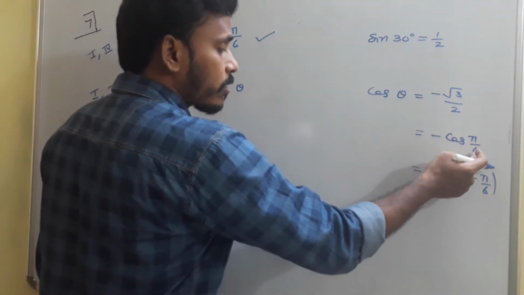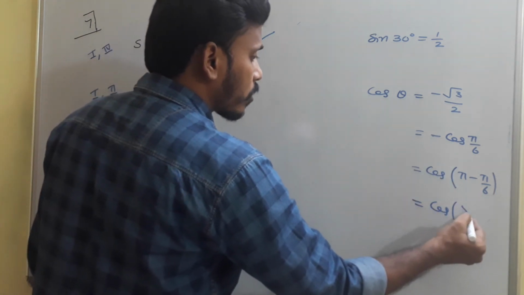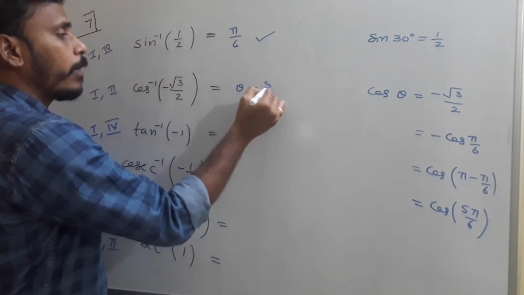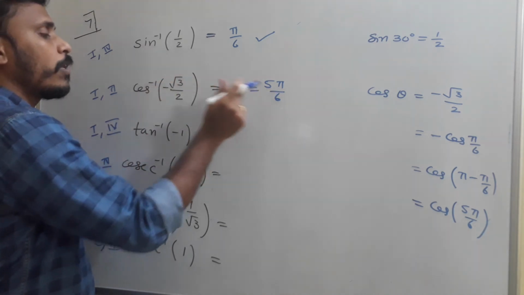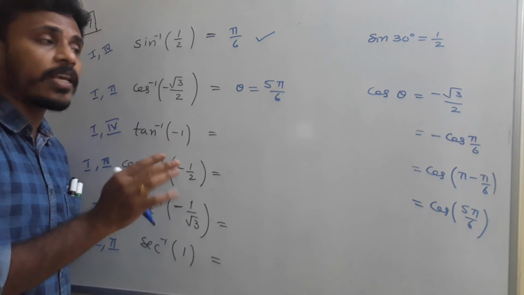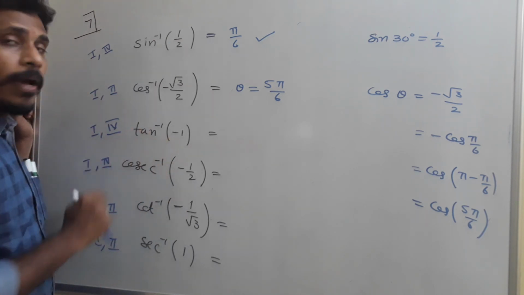Cos of pi minus pi by 6 is cos of 5 pi by 6, so theta is 5 pi by 6. So cos inverse of minus root 3 by 2 is 5 pi by 6. This 5 pi by 6 is an angle from the second quadrant, so it is acceptable.